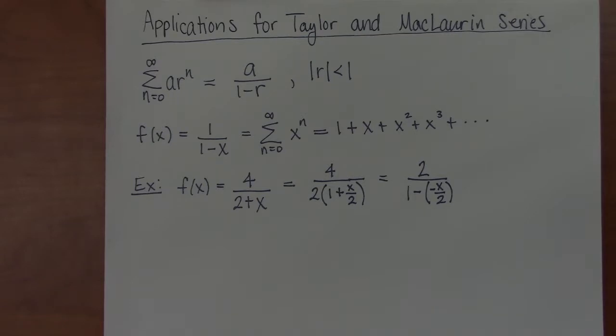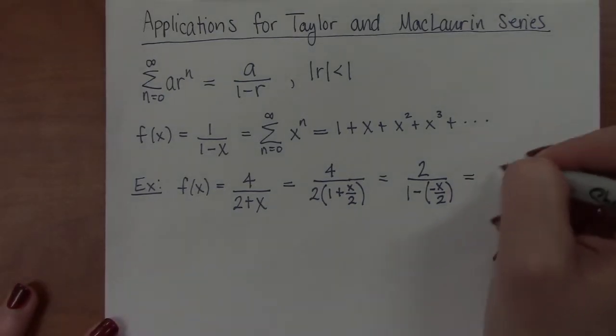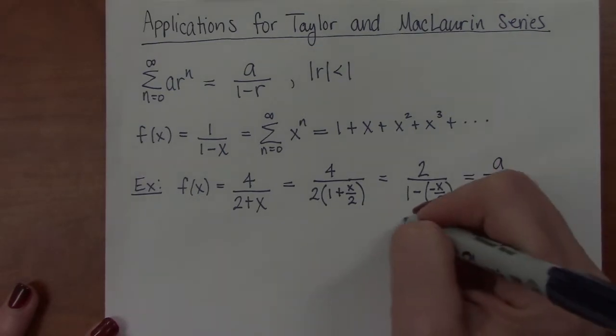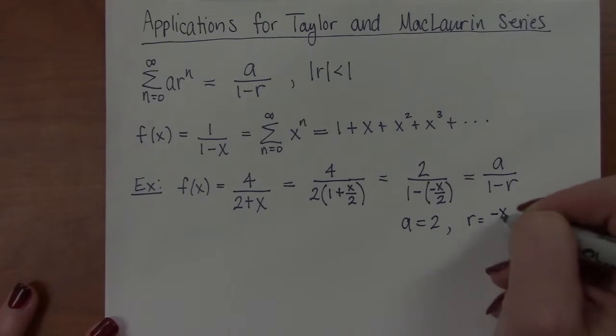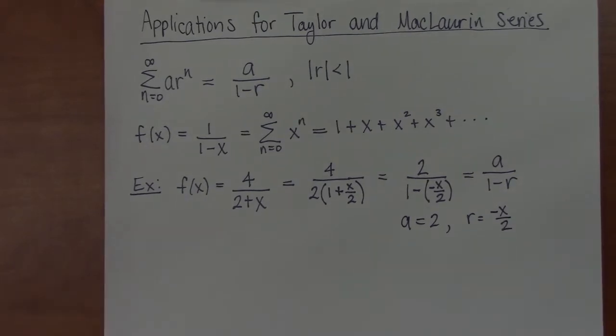Everybody see that? You can always check your algebra by just undoing it, and you should get what you started with. So now this is the form of a over 1 minus r, where a is 2 and r is just negative x over 2.